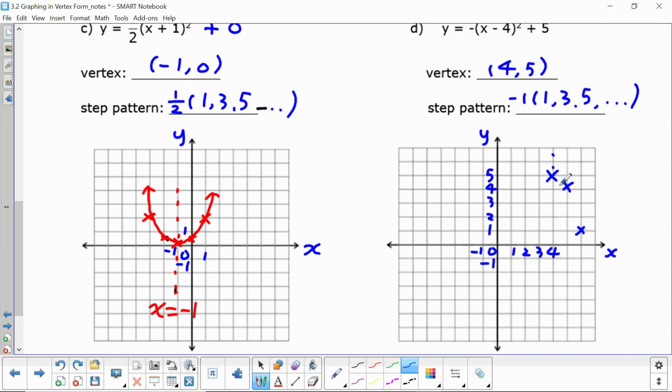The axis of symmetry is here. Then we just go right 1, then left 1, same y value; right 2, left 2, same y value. Then connect them. That is done. Thanks for watching.